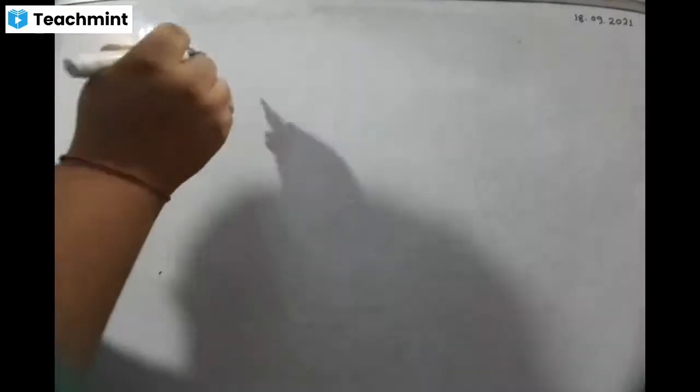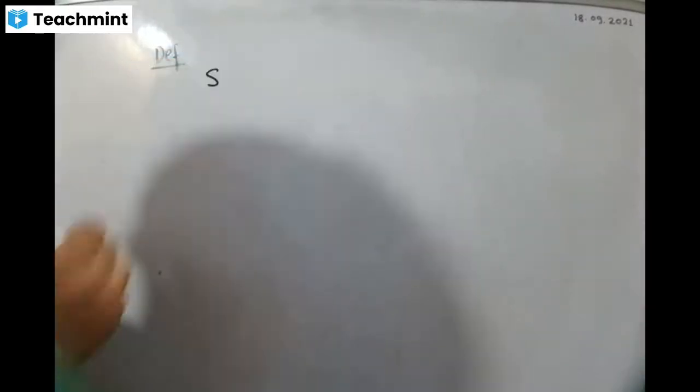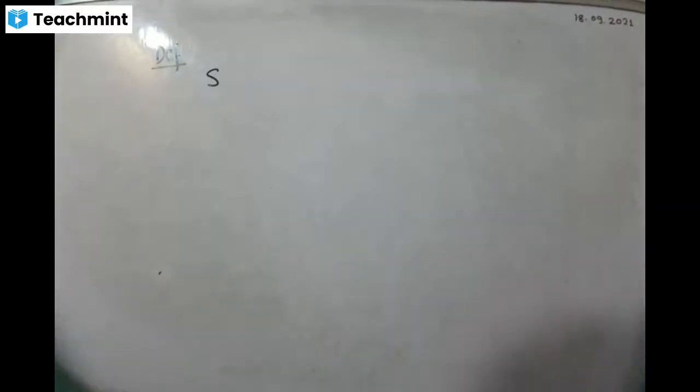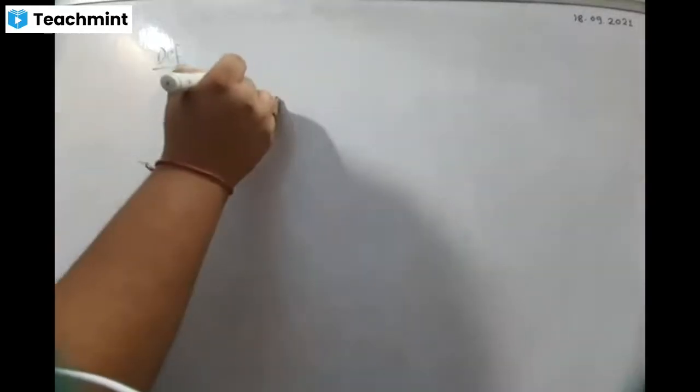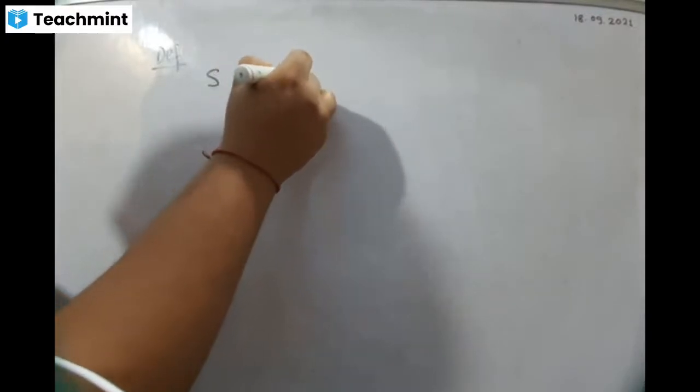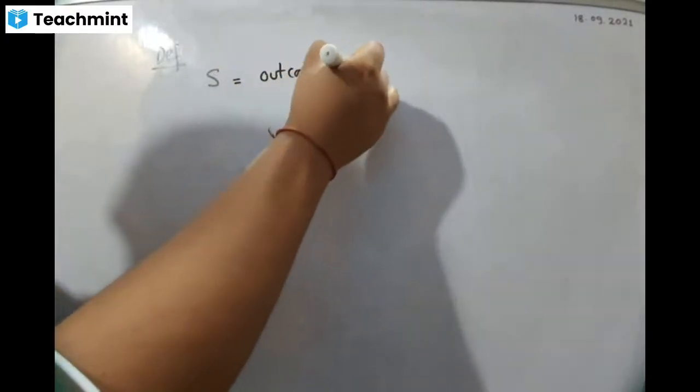Write down: let capital S, within bracket sample space, be the set of all possible outcomes. What is S? S is a set of all possible outcomes or results.